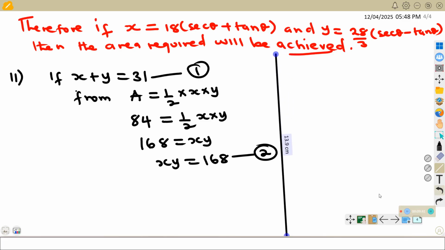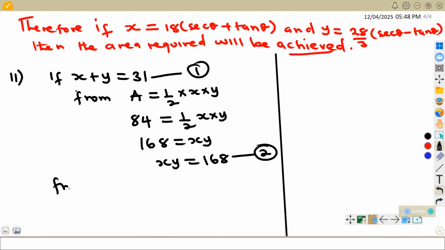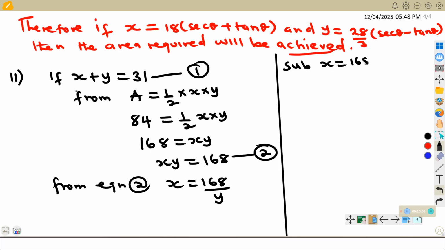So let us look at that. From equation number 2, I can make, for example, x or y the subject. If I make x the subject, I will have 168 divided by y. So I will substitute x equaling 168 divided by y into equation number 1.